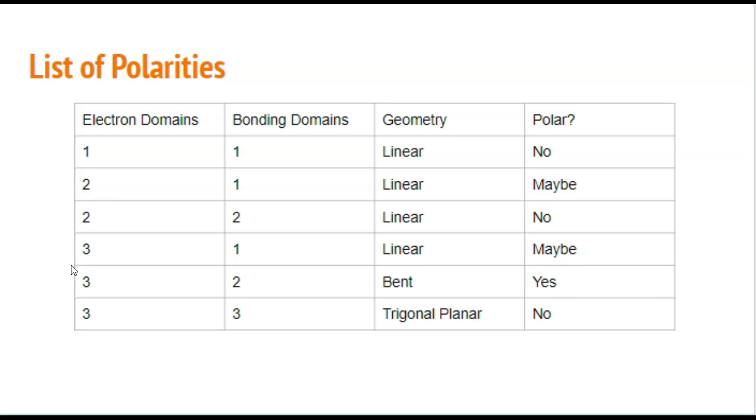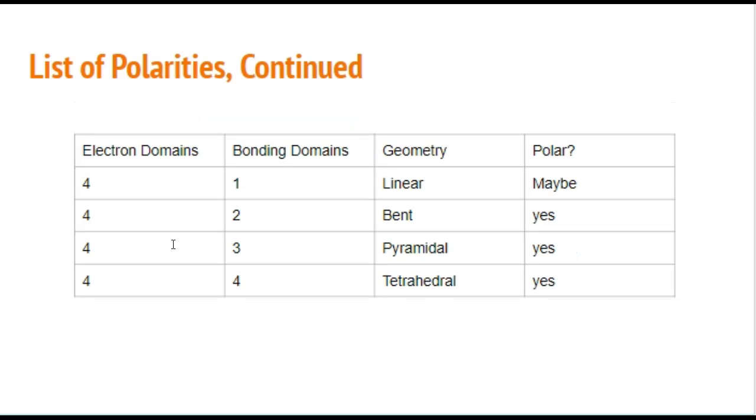And now this is what you have when you have the 4 electron domains. Keep in mind that the linear one is maybe polar. We'll talk about that again in a minute. So 2 bonding, 3 bonding, 4 bonding domains.